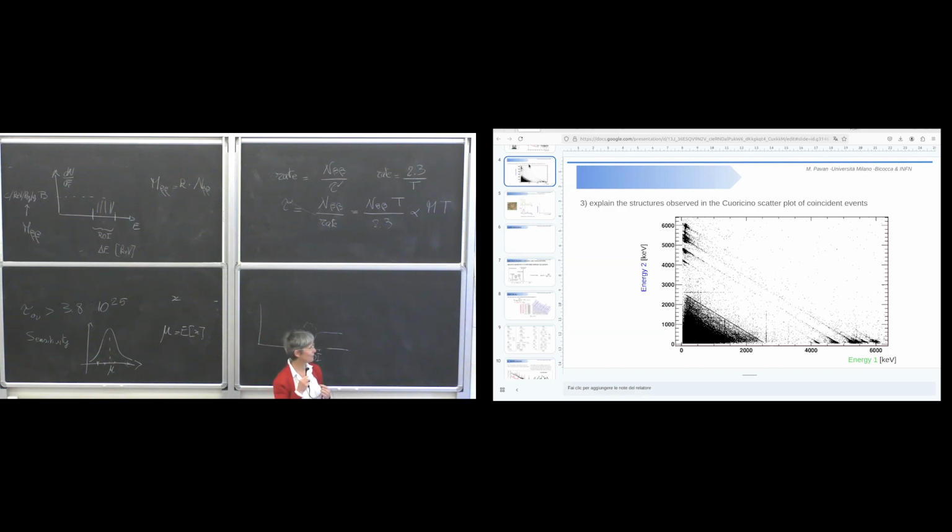And the other possibility that we use in Cuore is that sometimes we define coincidences with a time window and also a maximum distance among the crystals that can produce a coincidence. So you have fewer crystals, therefore the total rate is reduced, and you have fewer accidental coincidences.